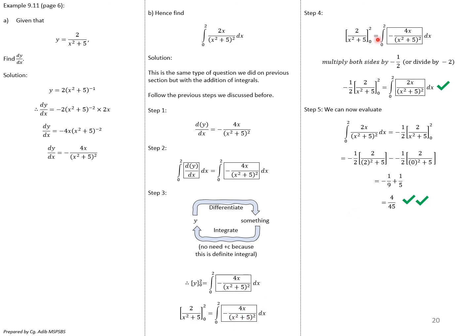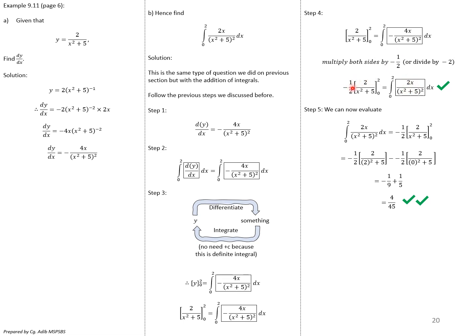Now step 4. We have to target the right hand side so it can be exactly the same as the question that they want. If you see here, it's almost the same as this form. The only difference is the minus and 4 here. So we can multiply both sides by minus half, then it will become 2x.